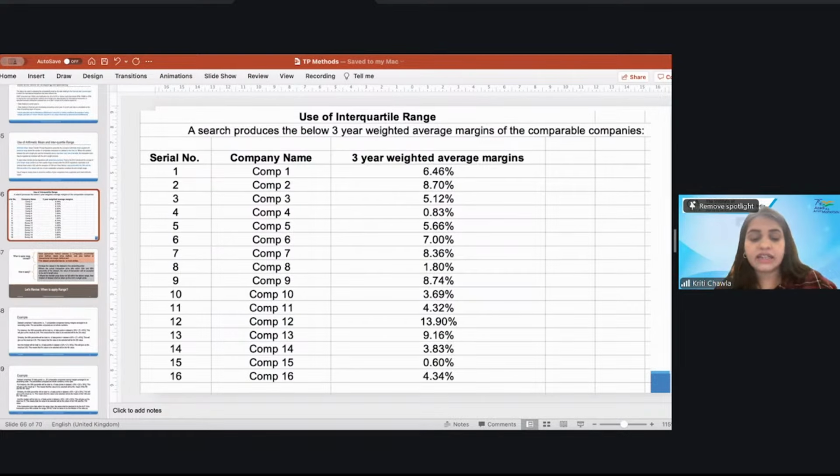Well, what if the taxpayer is earning 2% and the range is again 4% to 12%? Taxpayer is earning 2%. Do you think this is at arm's length? No, this is not at arm's length. Yes, you can say that you need a margin greater than the 35th percentile to qualify as ALB.